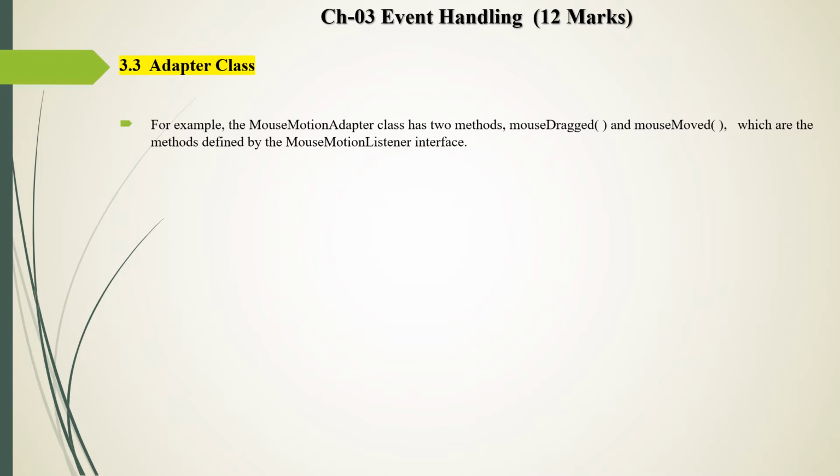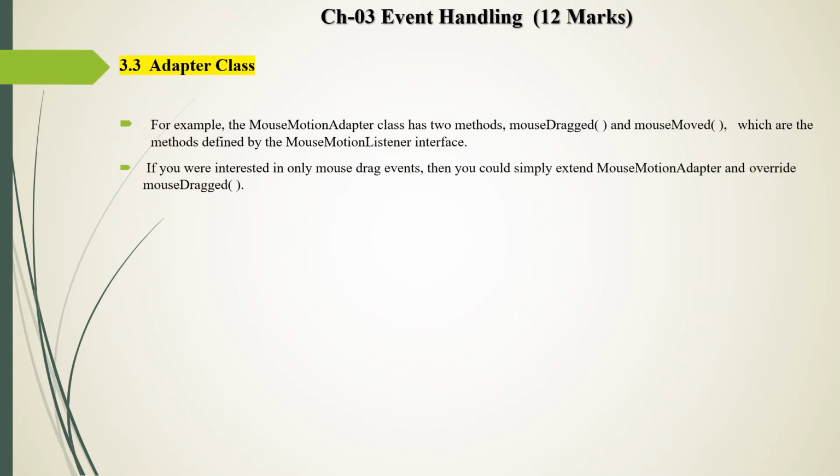The MouseAdapter class is another class, and the MouseEvent class is another class. Every event class has its respective adapter class. I give the list of adapter classes after this example.